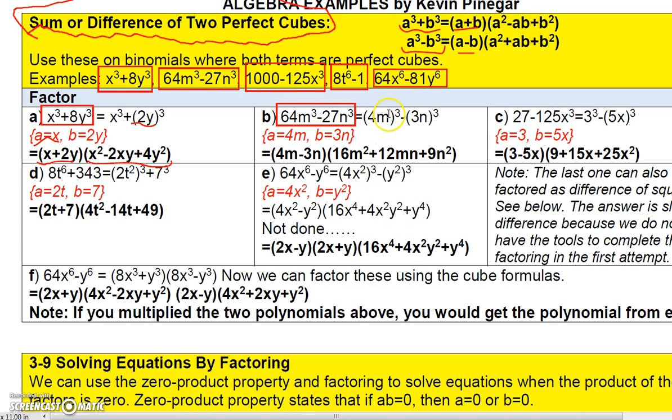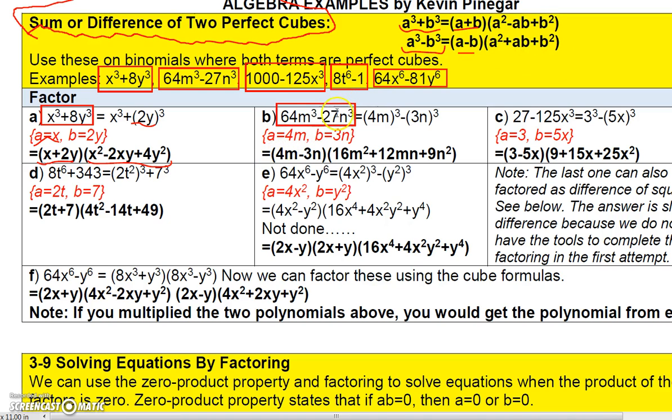All right, now the next one is actually a difference of perfect cubes, because 64m cubed is the same as 4m quantity cubed, and 27n cubed is the same as 3n quantity cubed. So in this case, a would be 4m and b would be 3n. So the formula for factoring a cubed minus b cubed is a minus b times a squared plus ab plus b squared.